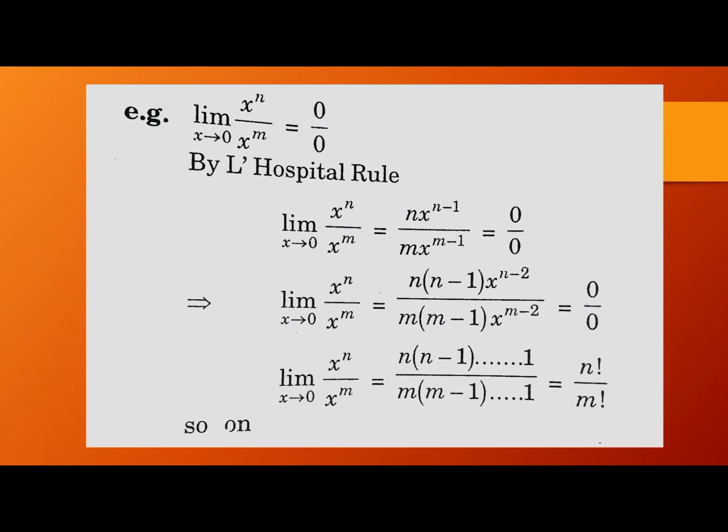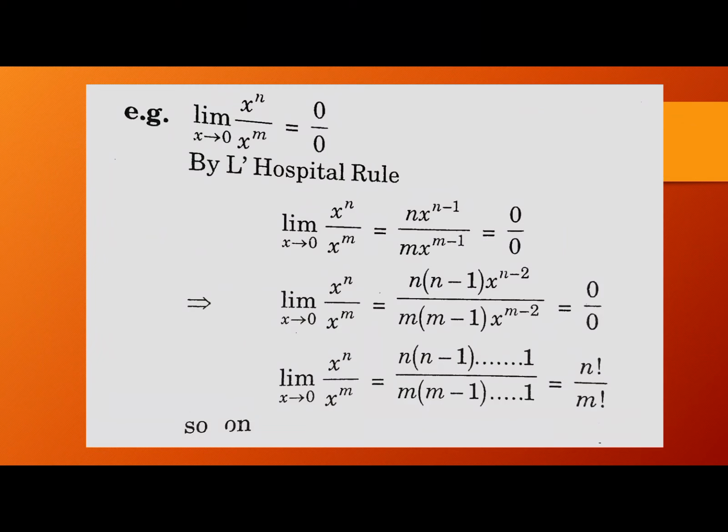That is the way we are getting the limits, which implies limit x tends to 0, x raised to n by x raised to m is equal to n into n minus 1 into x raised to n minus 2. Again we are subtracting 1. Then by m into m minus 1 into x raised to m minus 2, which is equal to 0 by 0.